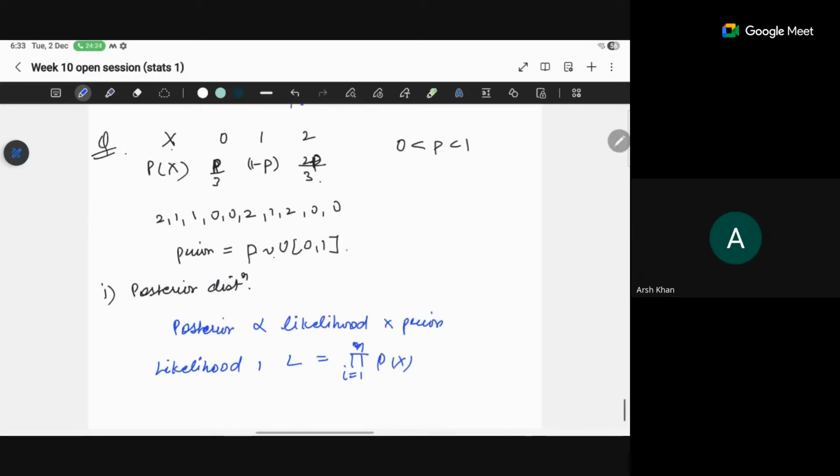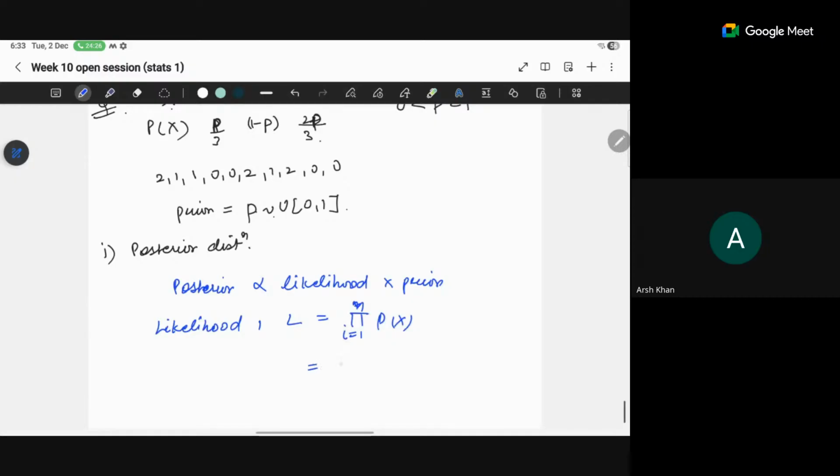Now if you see in the question, what is my likelihood? It will be the product over i. How many samples do I have here? We have 10 samples.